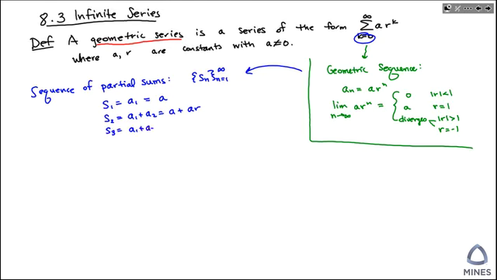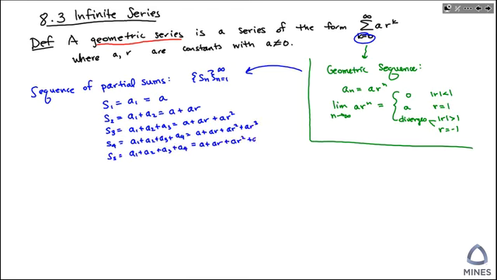S3 is a1 plus a2 plus a3, which is a plus ar plus ar squared. And so on. So this means that our partial sum formula is a plus ar plus ar squared, stopping all the way up at the ar to the n minus 1 term.